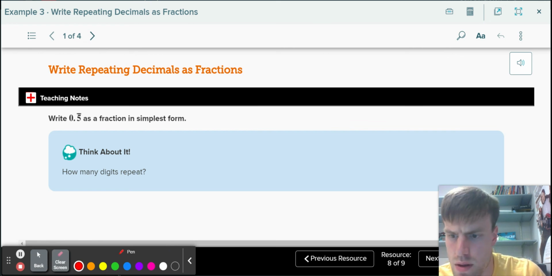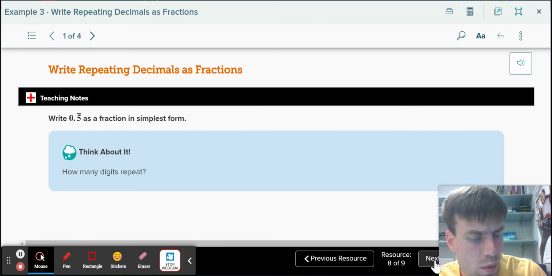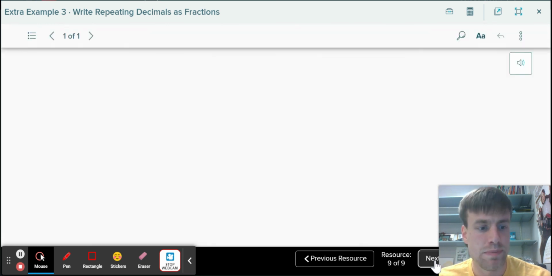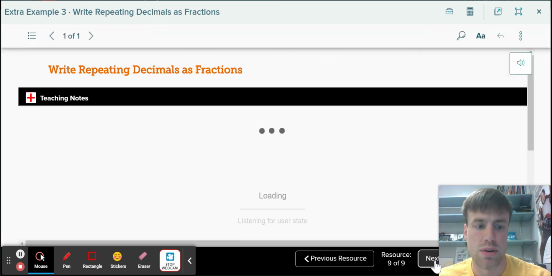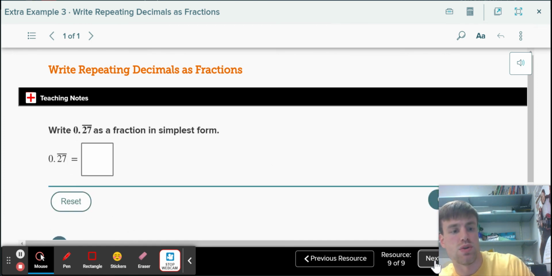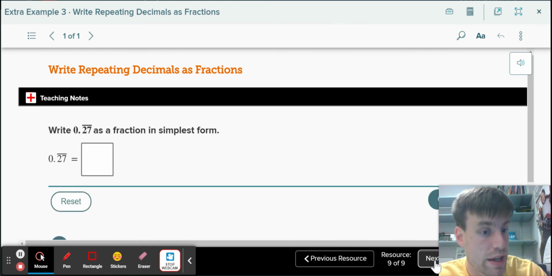Okay. I'm going to give you one more chance to pause here, check it out. Just show me that you understand what's going on here. You're going to practice writing repeating decimals as fractions. Again, your decimal may be different than mine on the screen, but it's going to be in your assignments on McGraw-Hill. So pause and take a look there.